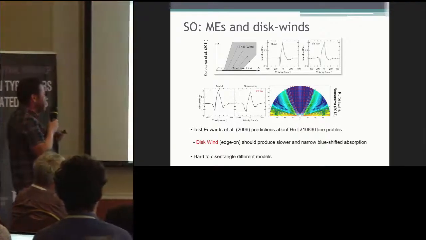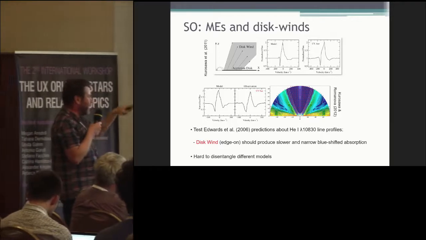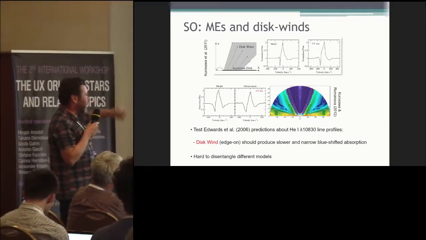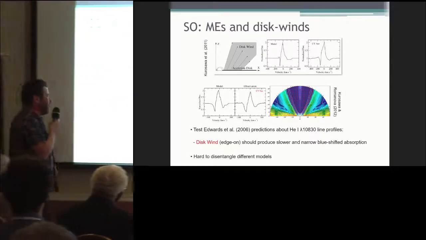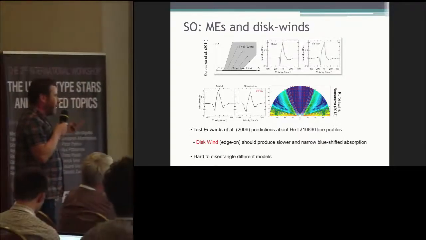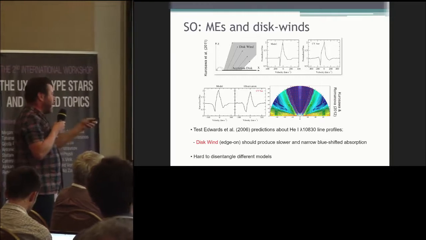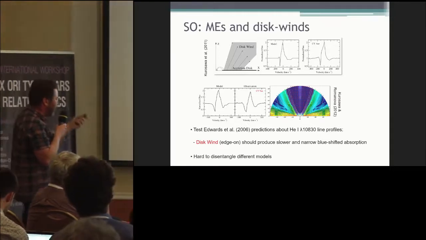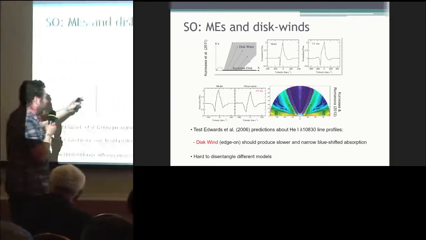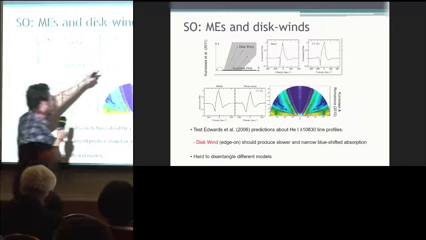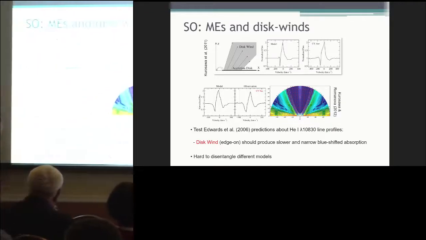This time, Ryuichi tried to model that kind of profile with a semi-analytical model, but he also tried to derive line profiles from full MHD models. And in both cases, he found a pretty good agreement between the model and the observed profile.